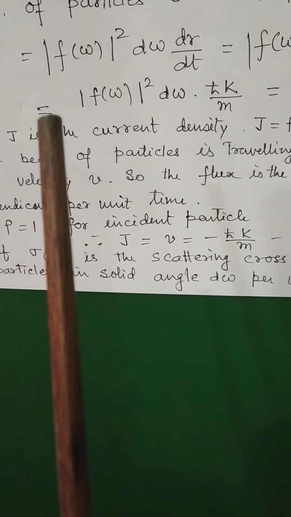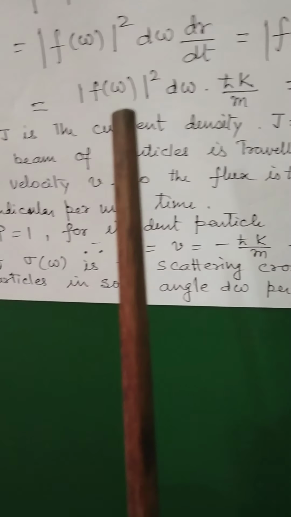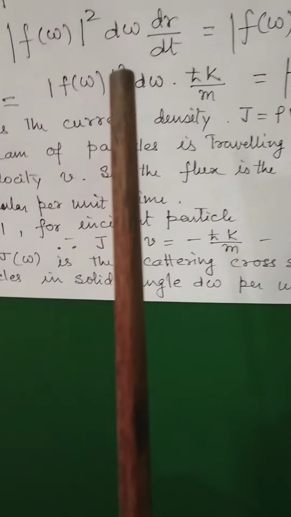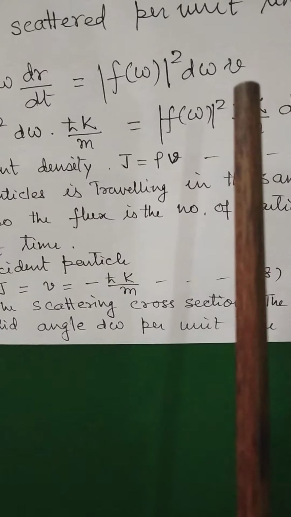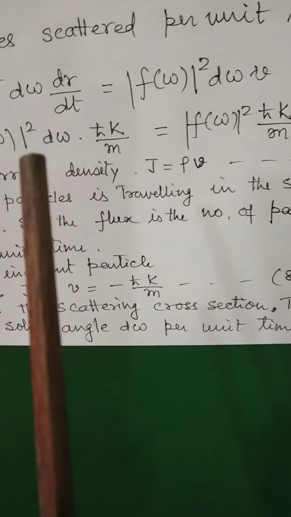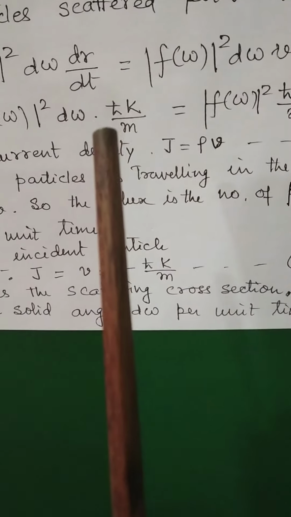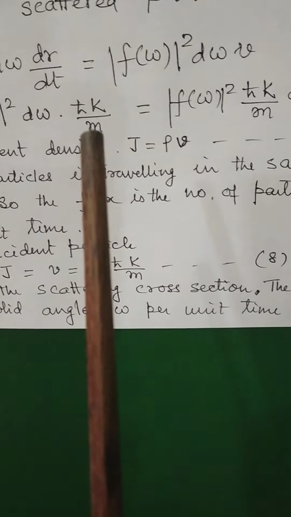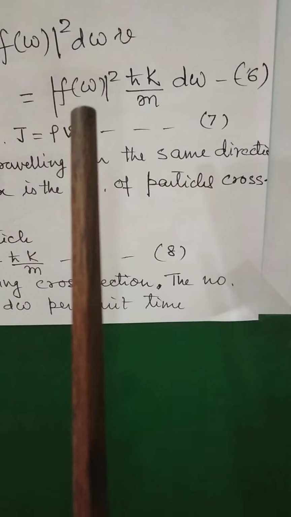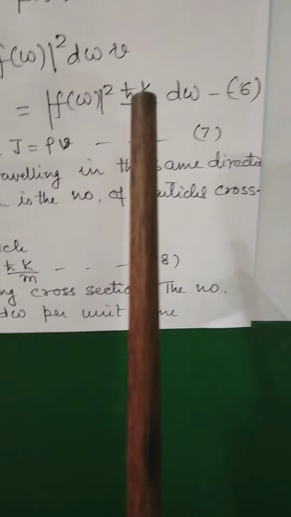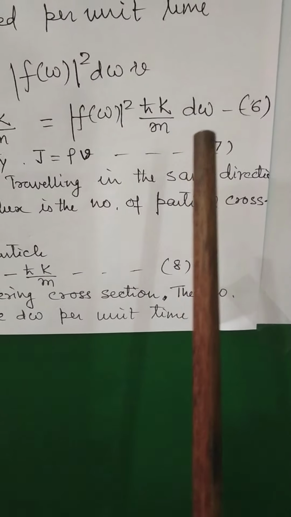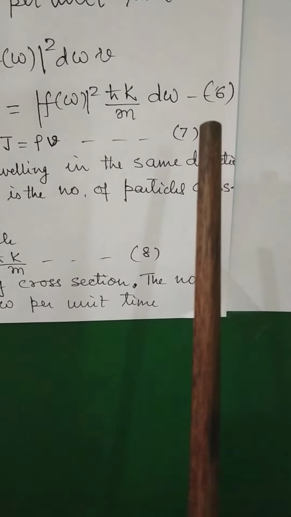Substituting the value of velocity, h cross k upon m, we have f function of omega whole square h cross k by m multiplied by d omega.